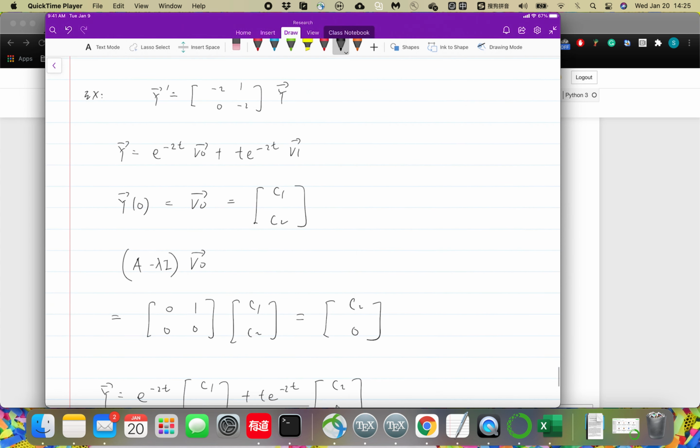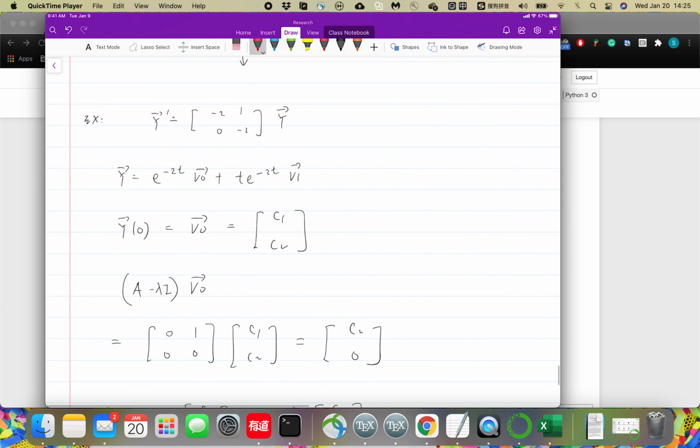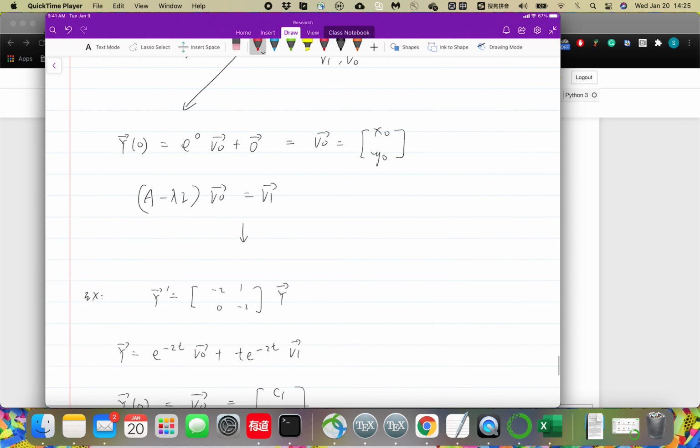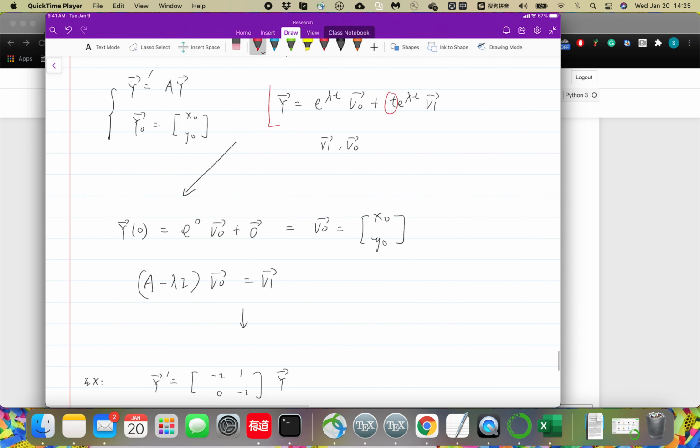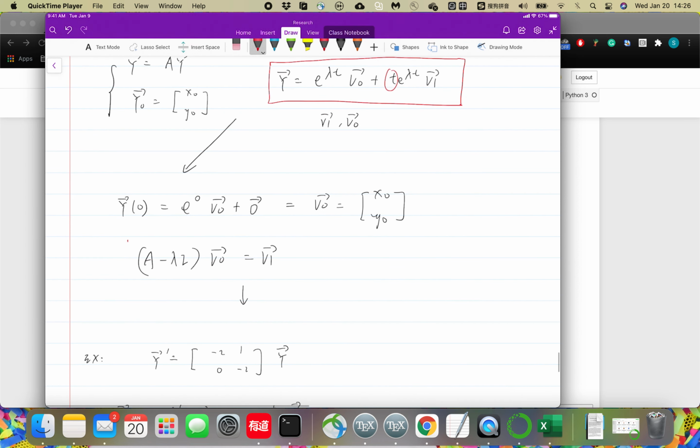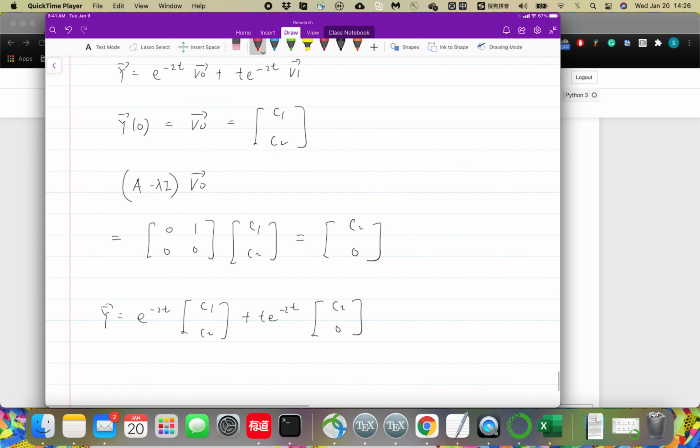And again, the key factor here is, number one, the solution looks like this. That's a key assumption. That enables your v0 to be just the initial condition. And the second, you're still relying on this fact. But instead of knowing v1 to solve v0, you can also know v0 to solve v1. Okay, so which approach do you prefer? Pick whichever.